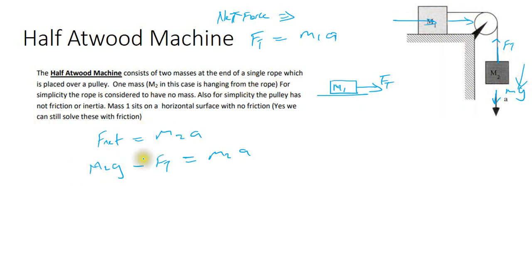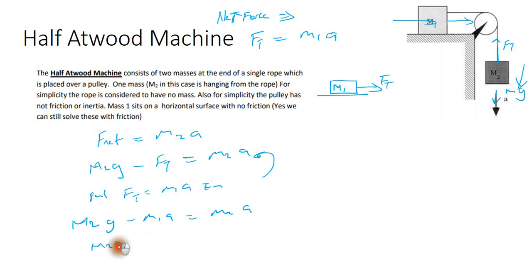By way of doing this, we can equate the two things together. Because we know that Ft is equal to M1 times a, we can substitute that into our other equation. So sub Ft equals M1 times a into this equation. We have M2g minus M1 times a is equal to M2 times a. Let's group things together, with a by themselves and g by themselves.